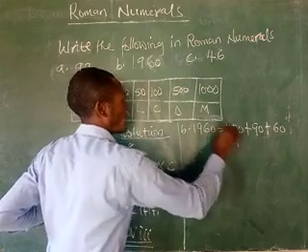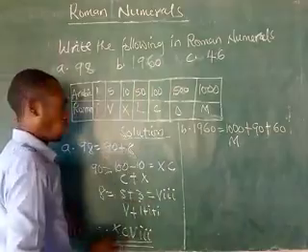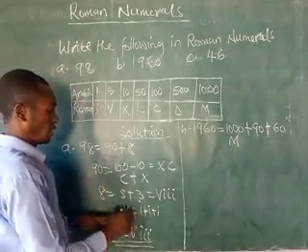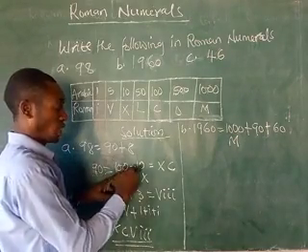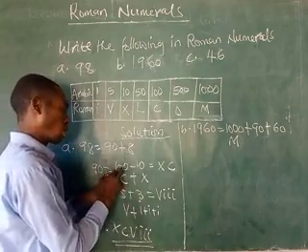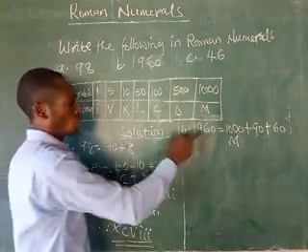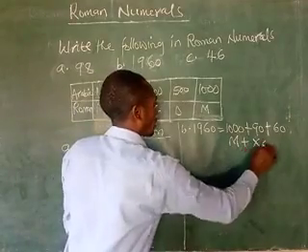So 1000 is M. 90, but we don't have 90 here. But just the way we said, you can get 90 from the subtraction of 10 from 100. So we can see that 90 is the same thing as XC.